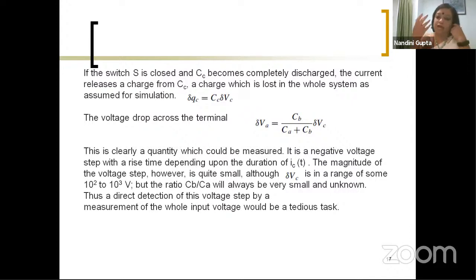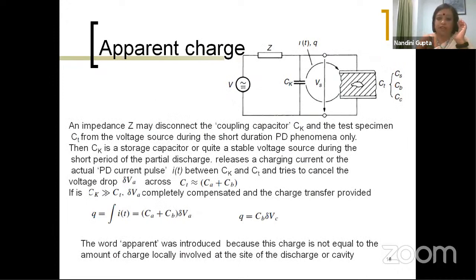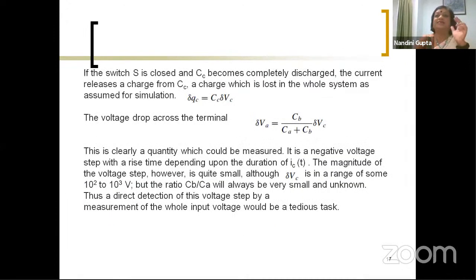Let me recap what I just said. Whenever there is a potential drop across the voids when the void discharges, this can be related, in terms of the charge across the void, in terms of the current across the void, to a corresponding potential drop across the entire test specimen. Theoretically, this is possible, but in reality, this is not going to be possible.